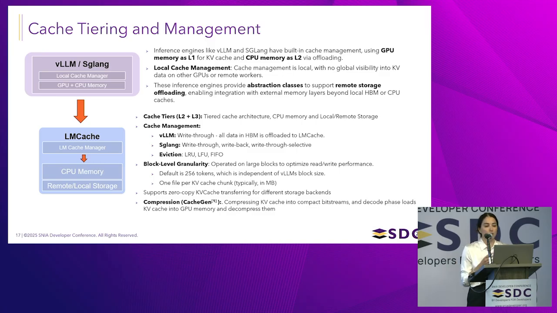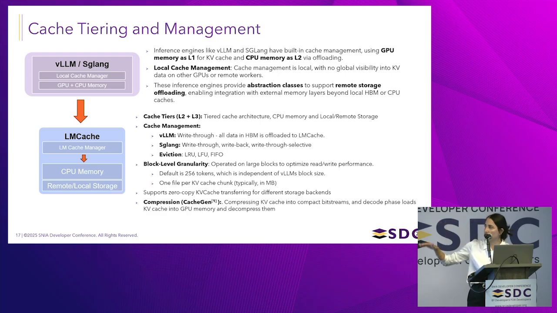So it's not just one token's KVs they store. They pack the KV values of multiple tokens together, and that's their granularity when they manage the cache. They also provide abstraction classes, and there's a really good description. You can just implement your own remote storage uploading techniques.